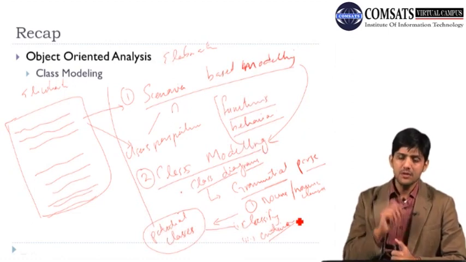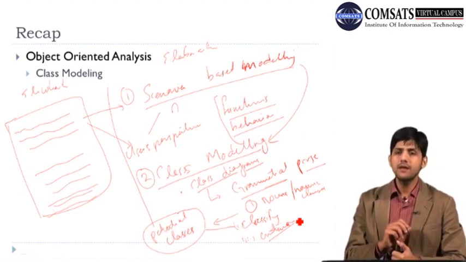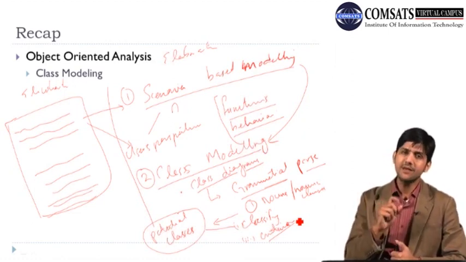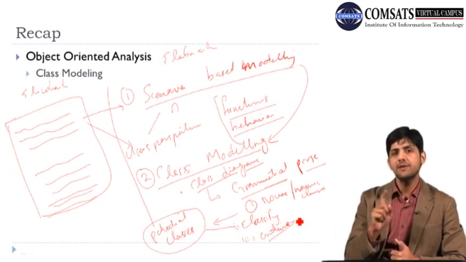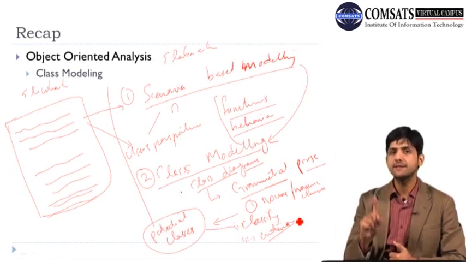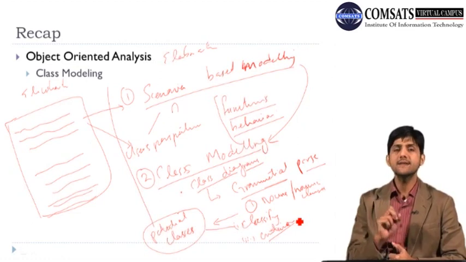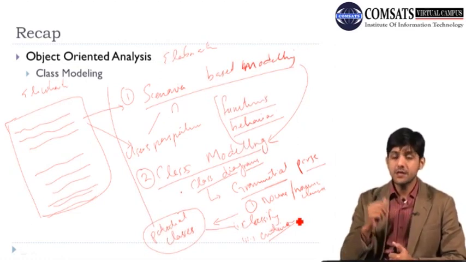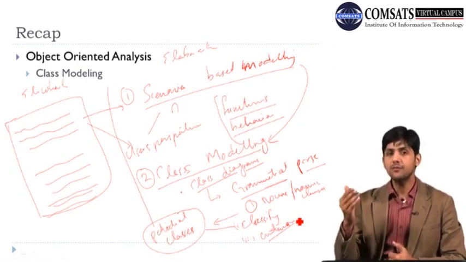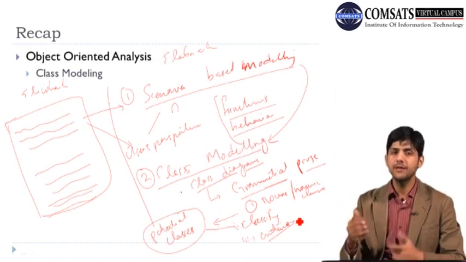But there was one exception. If a potential class is classified as an external entity and it is an essential requirement. By essential requirement here I mean that your system won't be functional or won't be complete without it.